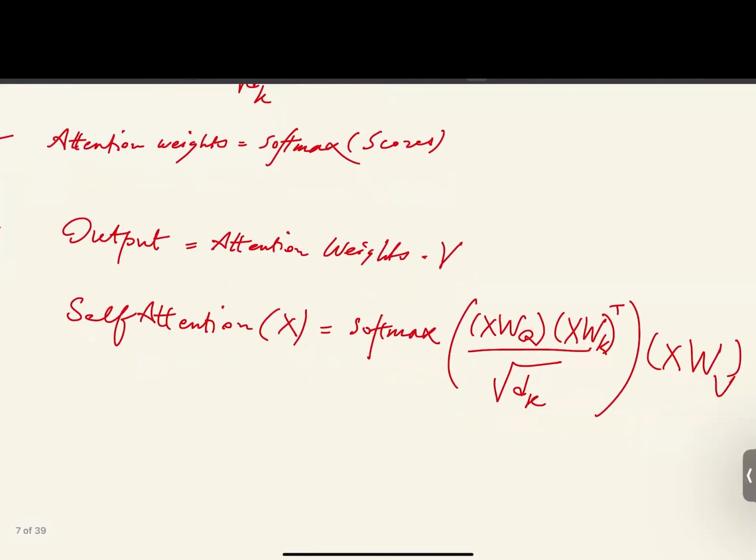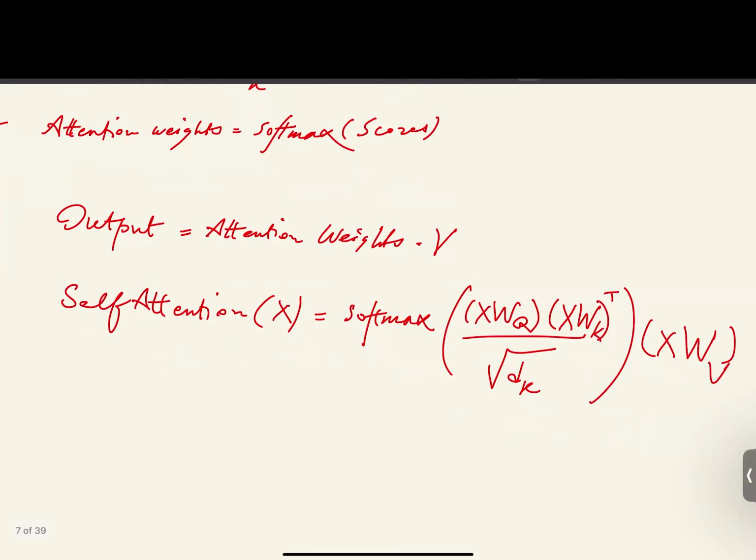Okay, so let's look closely at this. A few observations. We don't care about the order. Everything attends to everything. So even if we shuffle the input, the output shuffles in the same way, right? So this is permutation equivariant. The entire computation is parallel, and all positions can compute their attention simultaneously.